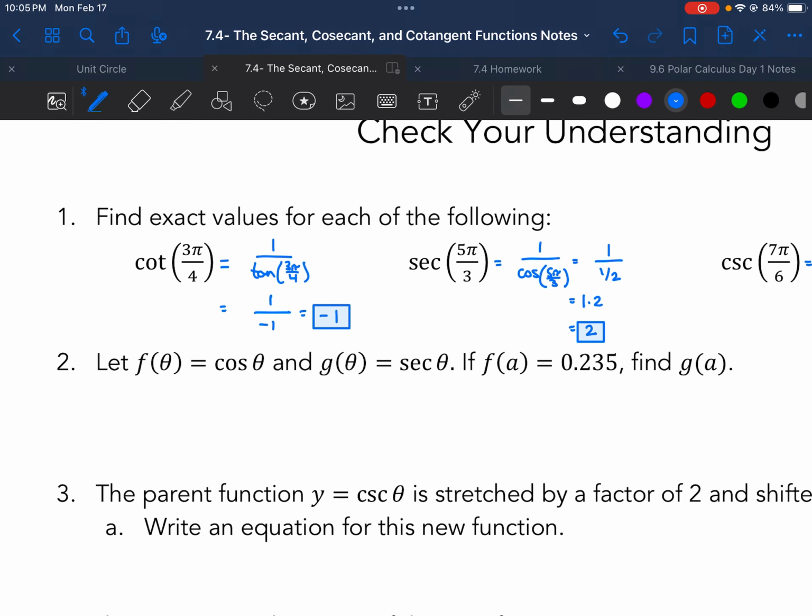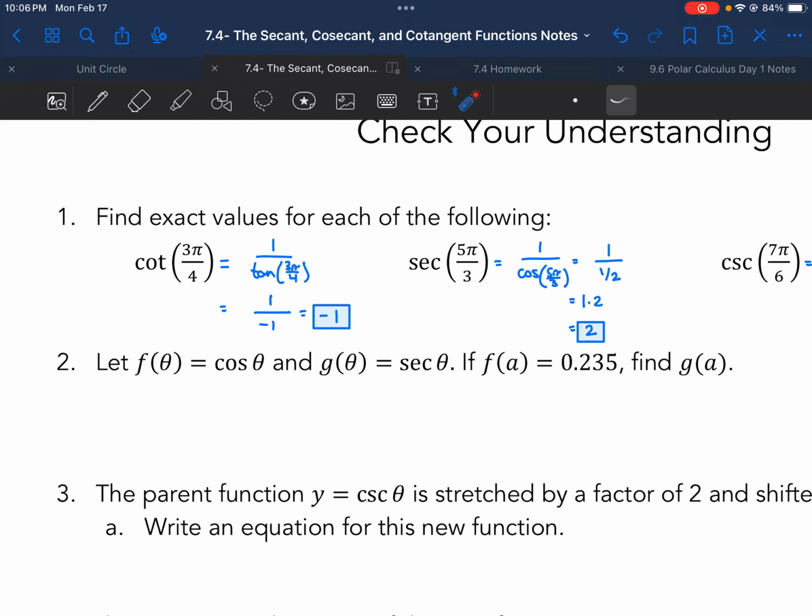Number 2. Let f of theta equal cosine of theta and g of theta equal secant of theta. If f of a equals 0.235, find g of a. All right. So again, first thing to notice, cosine and secant are reciprocals of each other.